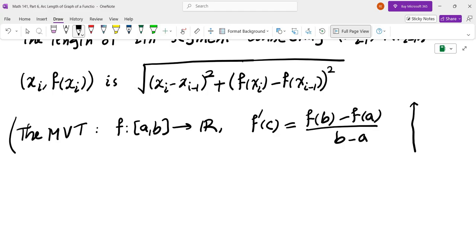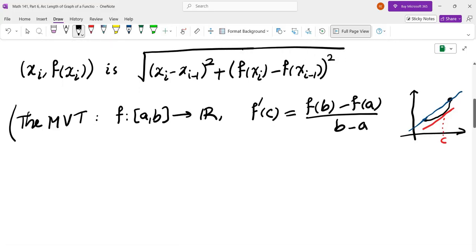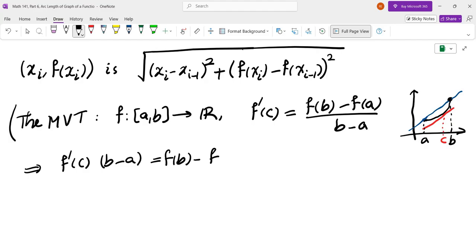In other words, the average rate of change, which is the slope of the secant line, is the same as the slope of the tangent line somewhere in between a and b. If you multiply by b minus a, we get f prime of c times b minus a is equal to f of b minus f of a.